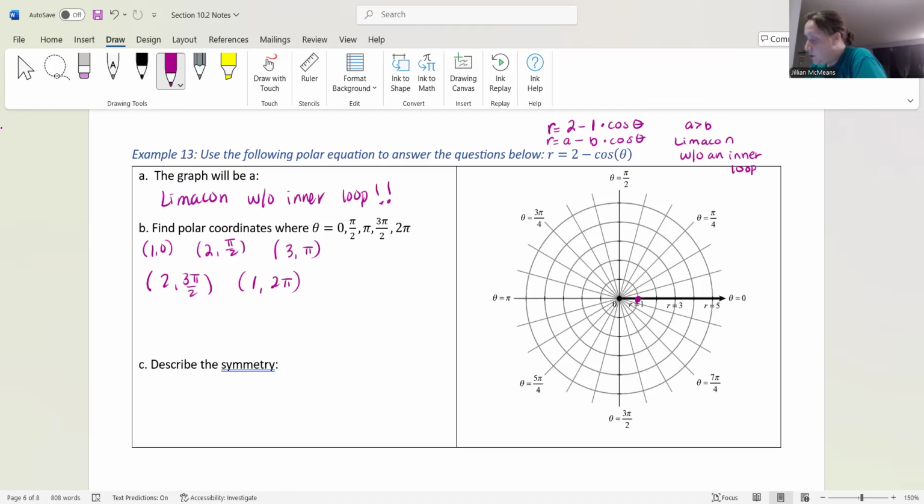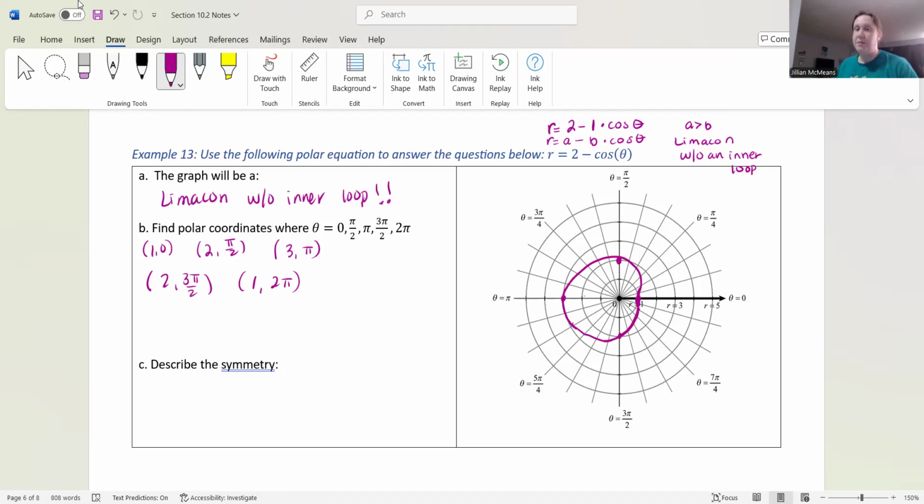At pi over 2 radians, we go up 2. At pi radians, we go 3. So 1, 2, 3. At 3 pi over 2 radians, we go 2. And then at 2 pi, we're back at 1. So remember, it was barely concave right here. It was almost flat for us, but that's okay. There we have it.